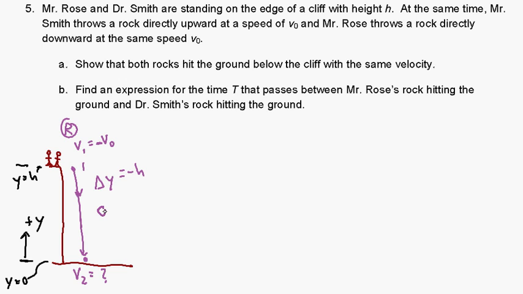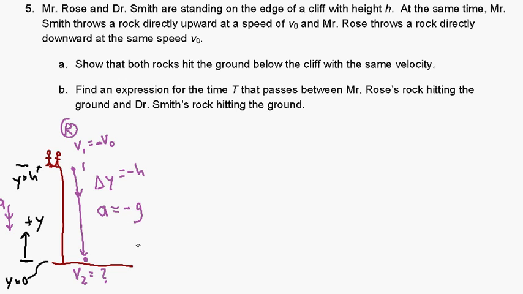Well, it's accelerating due to gravity, and as a general rule, when everything else in the problem is symbolic, like v0 and h, you want to leave acceleration as negative g. Because it's accelerating down, that's the negative y direction, so acceleration is negative g.